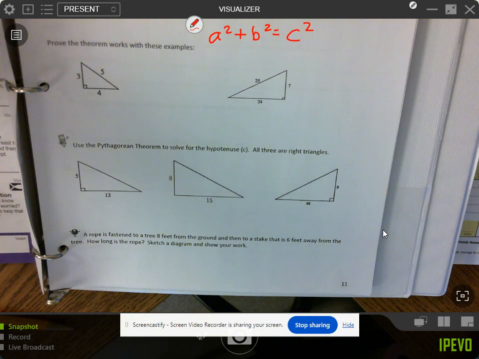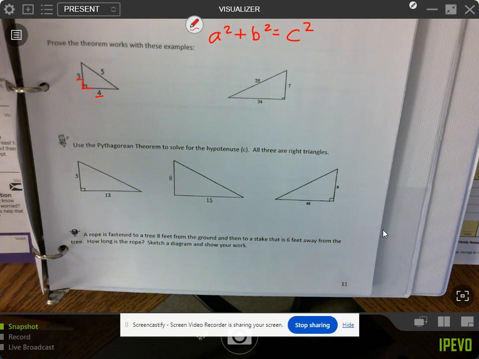A and B are the legs that make the right angle. So if I look at my first example that has the sides 5, 3, and 4, what are my A and B going to be? Marina, how do you know that 3 and 4 are my sides, my legs?